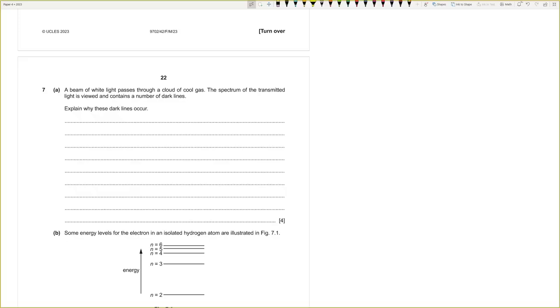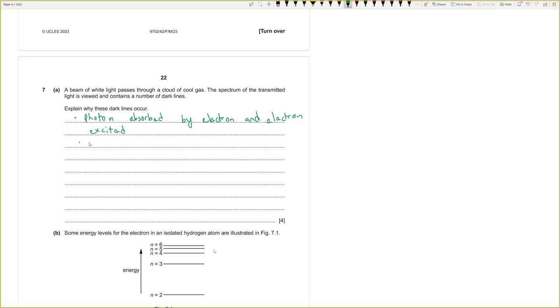This question was there. So what happens when a beam of light passes through cool gas? We get an absorption spectrum. Essentially the photons will interact with the electrons in the gas. The photon is absorbed by an electron in the gas and the electron gets excited, jumping up to a higher energy level.